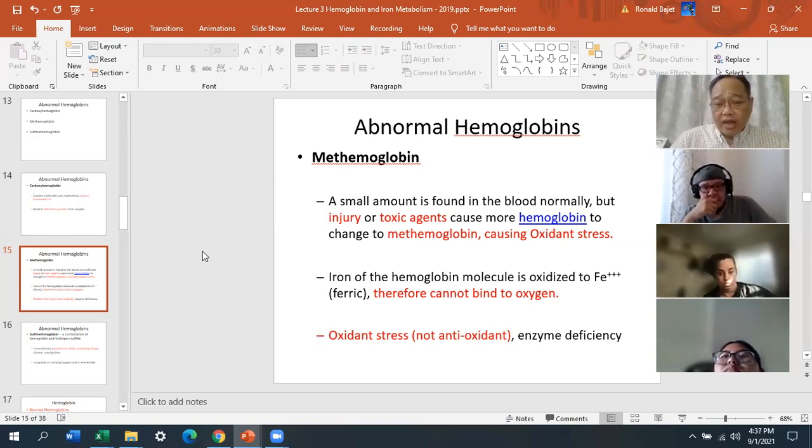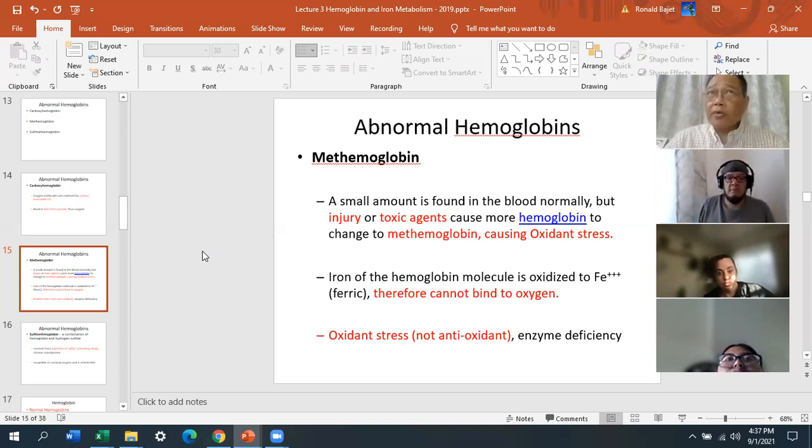In the presence of these toxic agents or injury, the ferrous iron is going to be converted to ferric. Remember, the ferric iron does not contain oxygen, it contains CO2. So actually, in the presence of toxic agents, a significant amount of the iron in your blood will be converted to the ferric form.